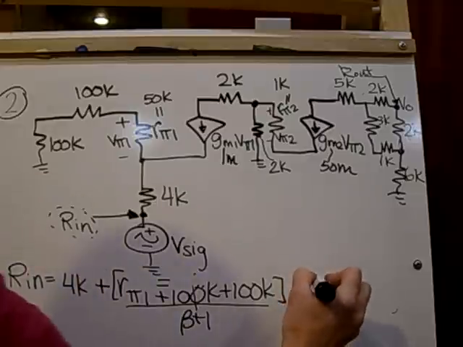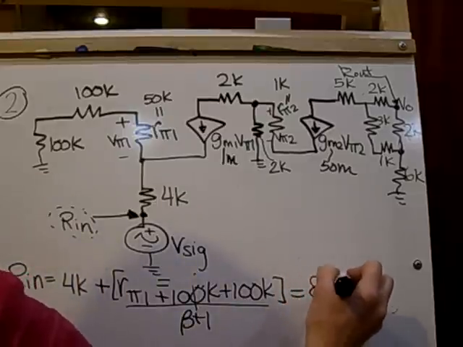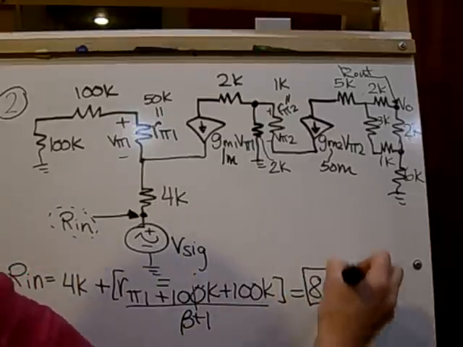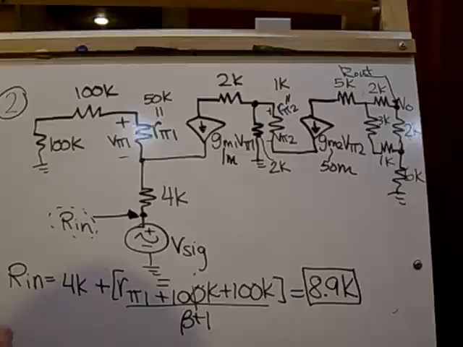Which equals 8.9K. Not very good. You want a much higher Rn value.